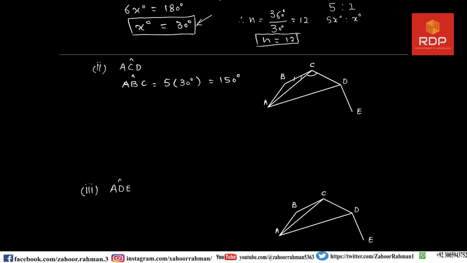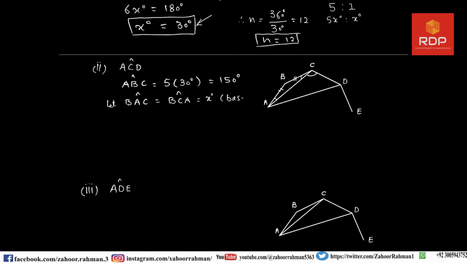Now we are going to find this angle. Because this is equal to this one, these two angles BAC and BCA, let BAC be equal to BCA, equal to, let us consider it to be x degree. Why?